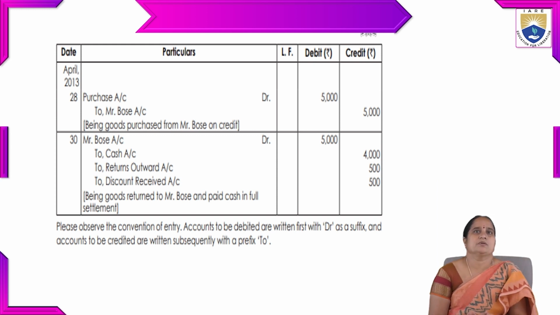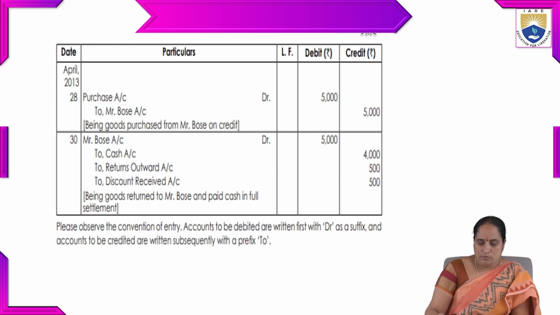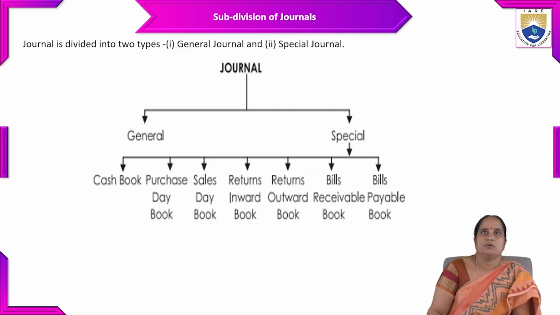So please observe the convention of entry: accounts to be debited are written first with Dr. as a suffix, and accounts to be credited are written subsequently with a prefix To. So just by understanding this, we are able to understand which account to be debited and which account to be credited.